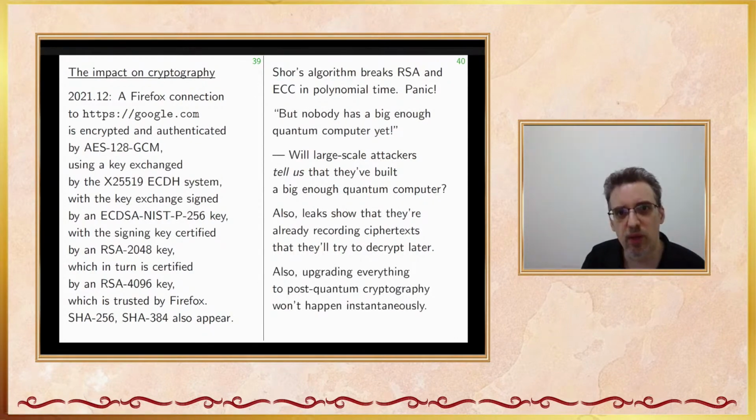Also, if we're going to upgrade cryptography, the whole point of evaluating security and saying RSA and elliptic curve cryptography are not good enough is to say, okay, let's switch to something else which is secure. And this upgrade is something which some companies can do quickly, but most companies and most organizations running network services and other uses of cryptography are not going to instantly be able to switch.